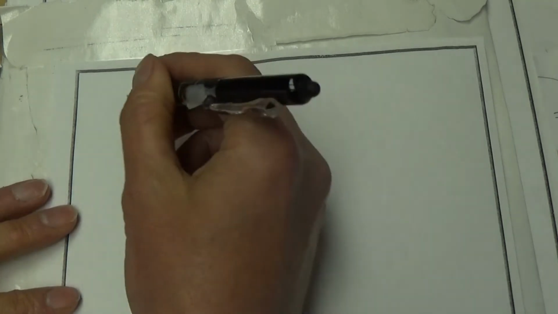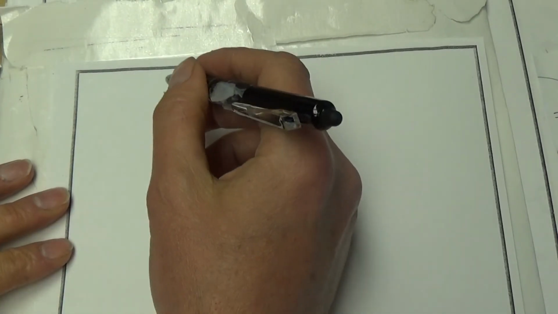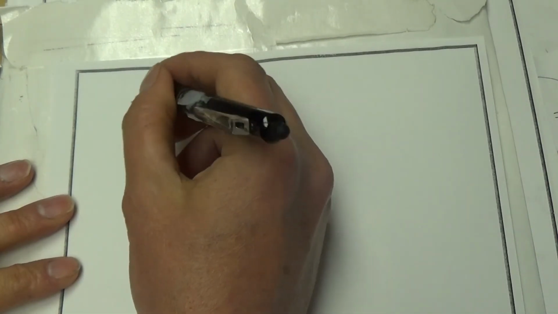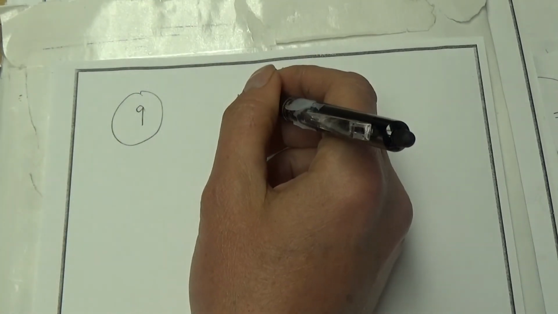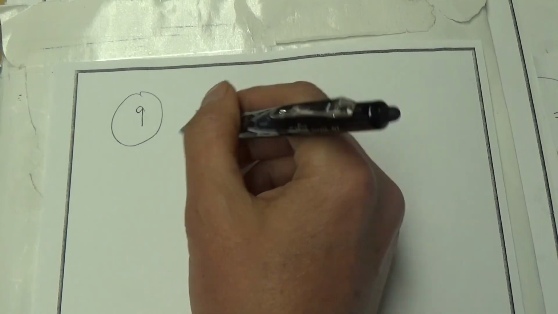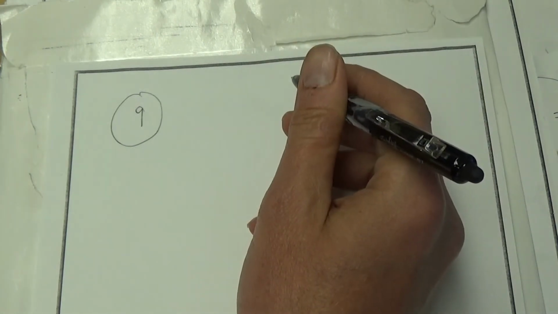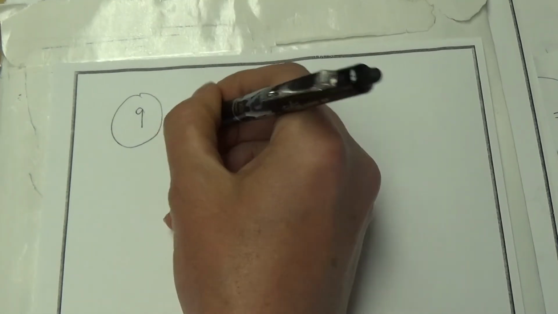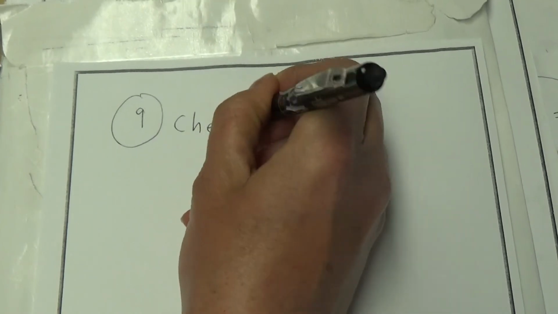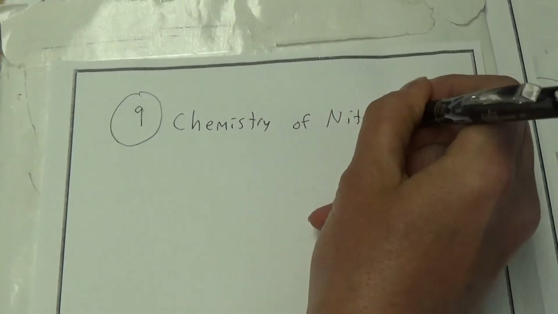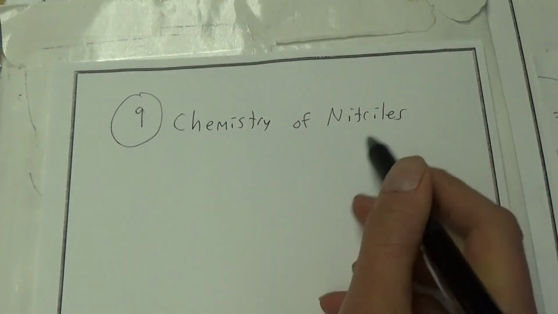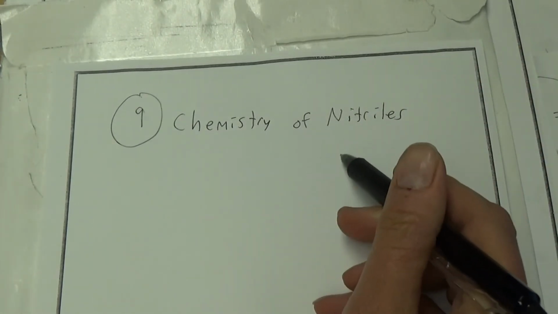Alright, we're very close to the end of the chapter, and we'll still have to probably continue next time, but I'm just going to introduce the last of the functional groups. This is a little bit different than the other ones, but they have some similarities. Nitriles, chemistry of nitriles. It's vaguely like the other carboxylic acid derivatives.